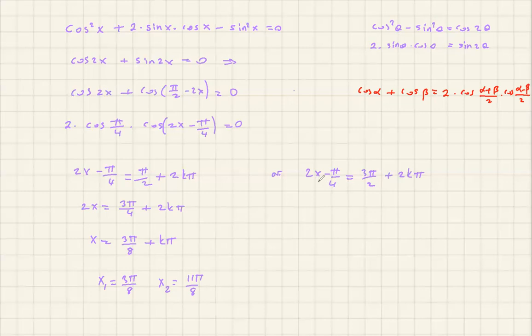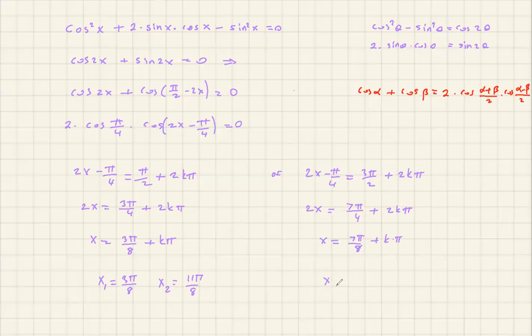So we have two solutions from this part. And for this one, let's add the same thing. That will give us 2x, if you add this 6 over 4 pi and one more, that will be 7 pi over 4 plus 2k pi, right? And divide by 2, and x is going to be 7 pi over 8 plus k times pi.